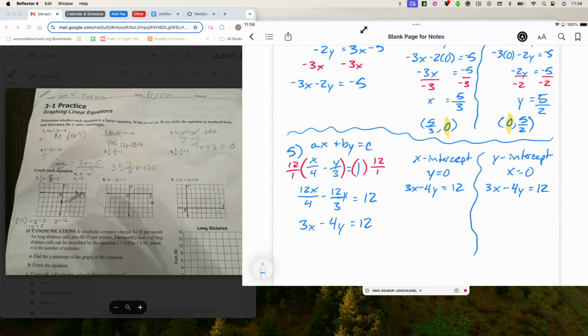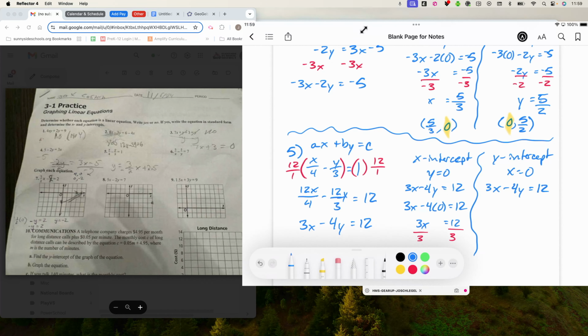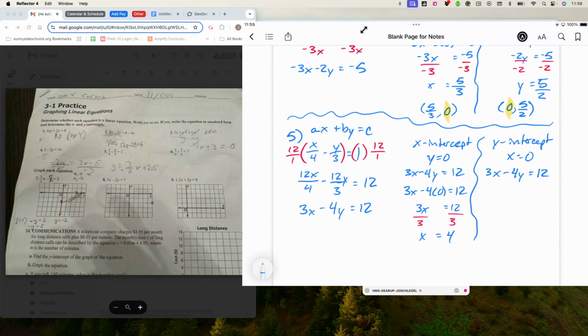We would have a y value of 0 here, so 3x minus 4 times 0 equals 12. 3x is equal to 12. Divide both sides by 3. x is equal to 4. So again, remembering the y value is 0, our x-intercept would be (4, 0).